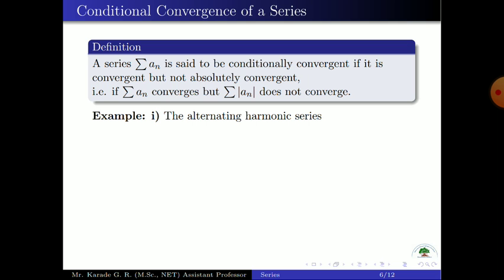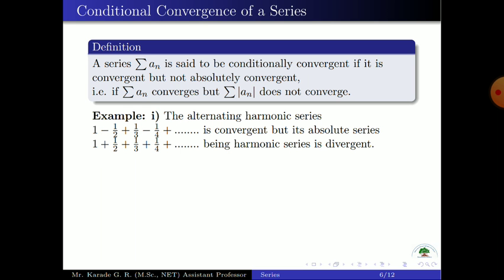The alternating harmonic series, for example, 1 minus 1 half plus 1 by 3 minus 1 by 4 plus dot dot dot, is convergent, but its absolute series 1 plus 1 half plus 1 by 3 plus 1 by 4, being a harmonic series, is divergent. See here, the given series is 1 minus 1 half plus 1 by 3 minus 1 by 4 plus dot dot dot, and its absolute series is just putting all the positive signs.